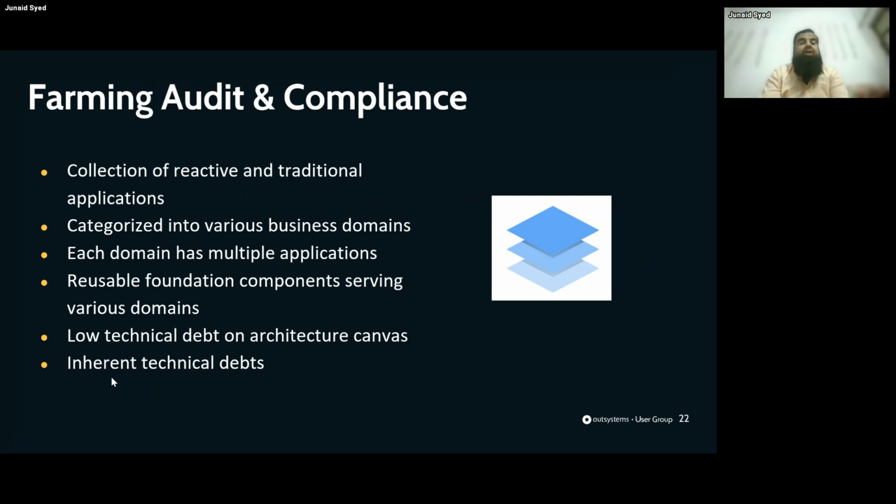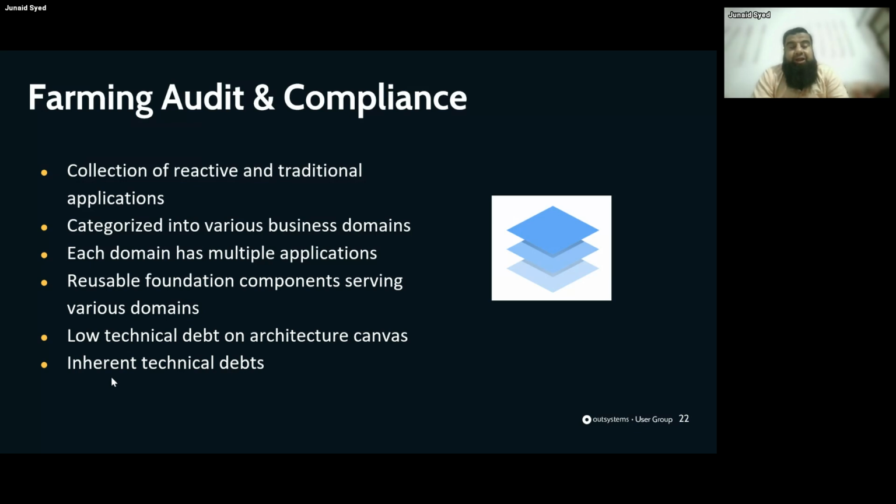They had vertical domains as well as horizontal domains, and each domain had multiple applications within. And there were foundation components serving various domains, in a horizontal domain containing all these foundation applications.